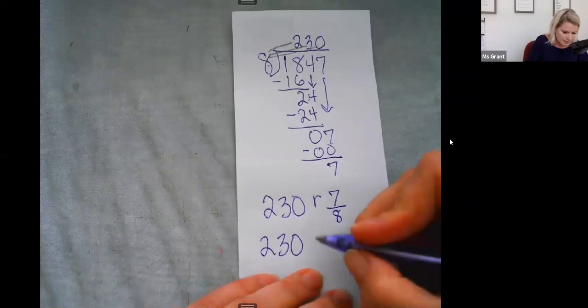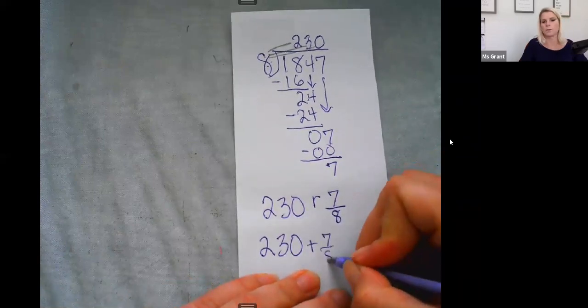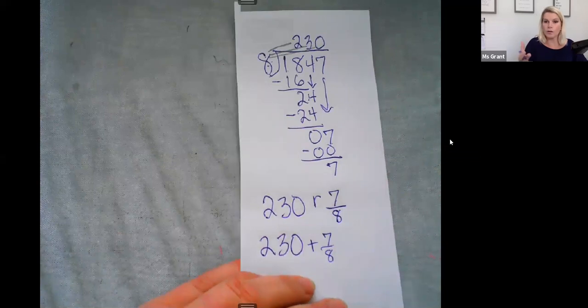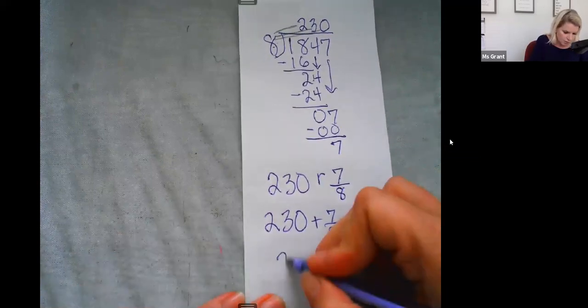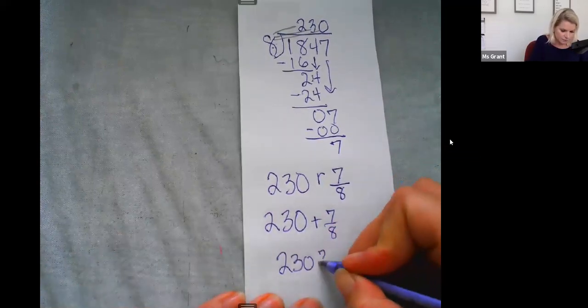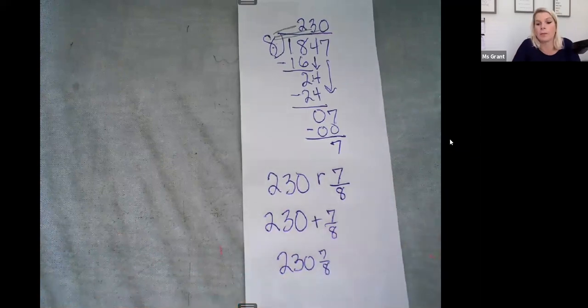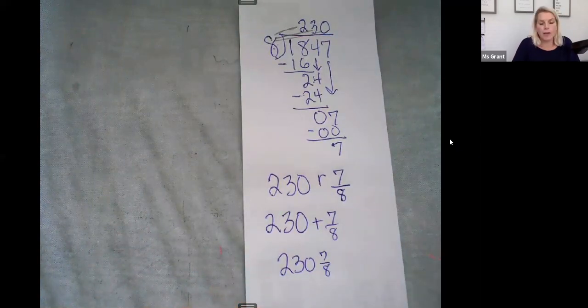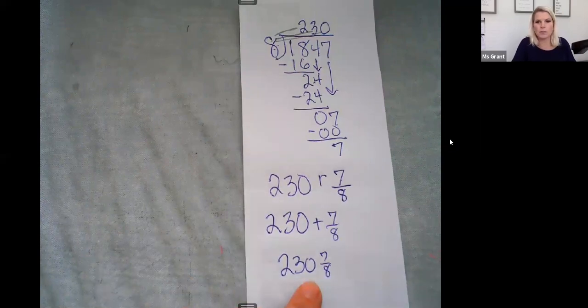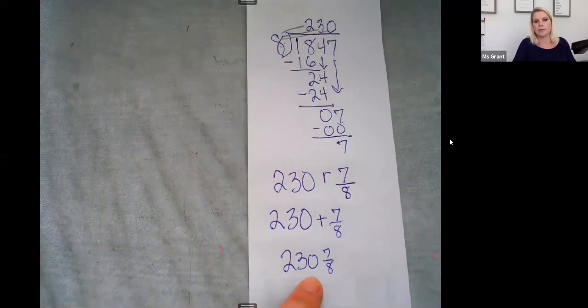So I can put plus 7/8, right? Or you would say 230 and 7/8. That's the mixed number format. I know that some of you would be told to put a decimal and add zeros, right? But this is the mixed number version of the answer.